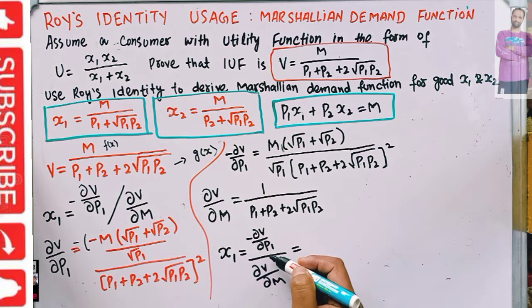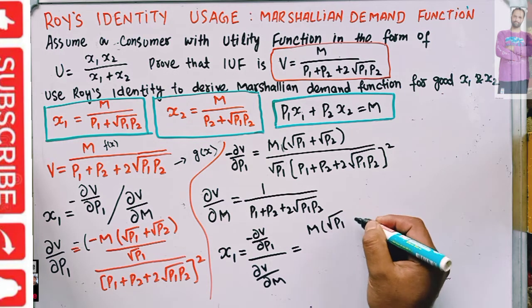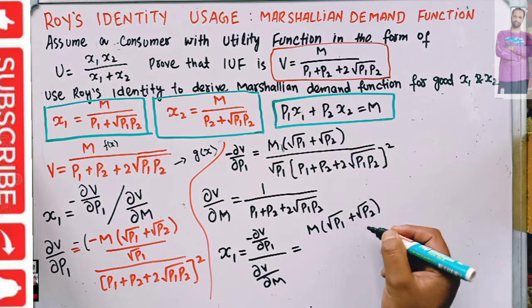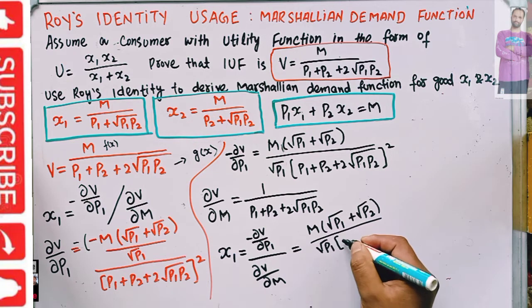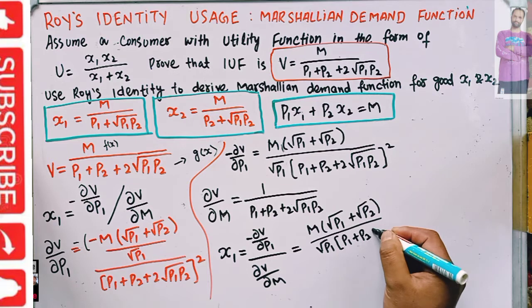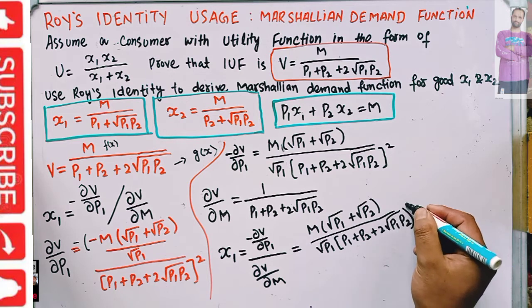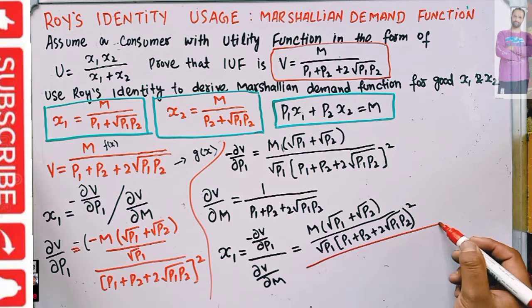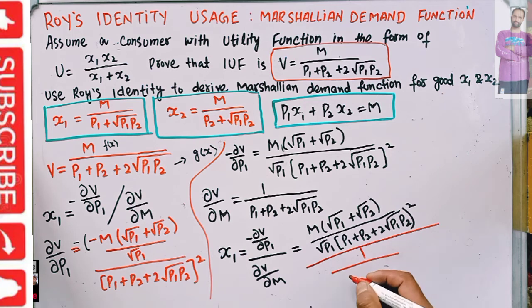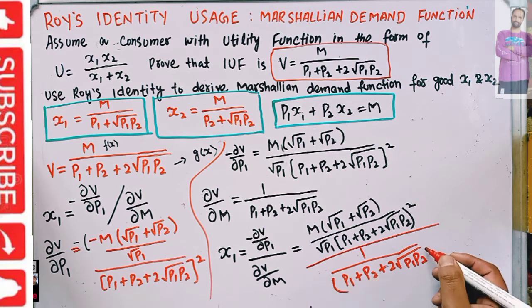Minus dv upon dp1, we got this stuff, that is m under root p1 plus under root p2, divided by under root p1, and p1 plus p2 plus twice p1 p2, whole square, whole divided by dv upon dm, that is 1 upon p1 plus p2 plus twice p1 p2.